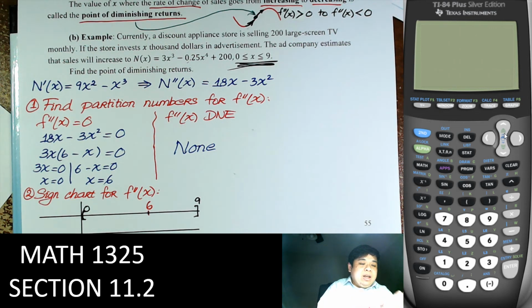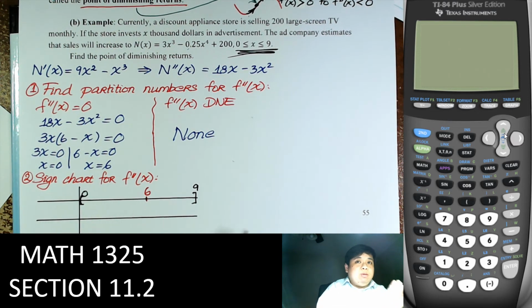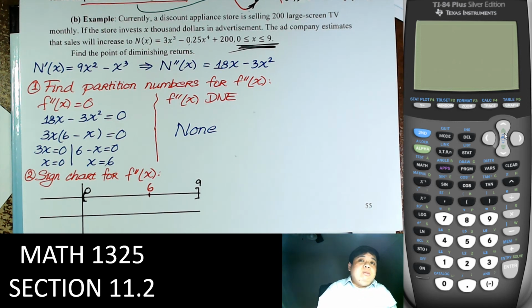At 0 it's on the edge, so there can only be points on the right, and nothing on the left. So 0 cannot be the point of diminishing return. It cannot be the inflection point, because an inflection point has to be in the middle, where it changes from concave up to concave down, or concave down to concave up. So there must be some point on the left and some point on the right. With that, the boundary cannot be an inflection point.